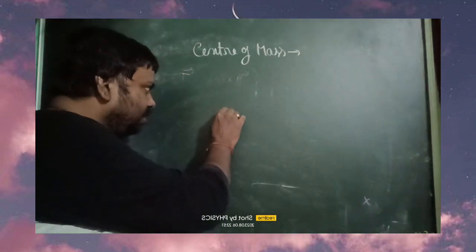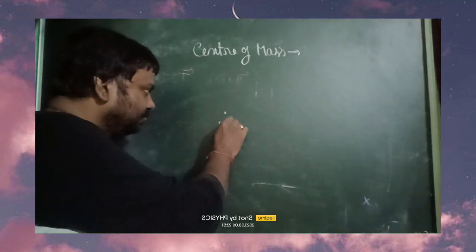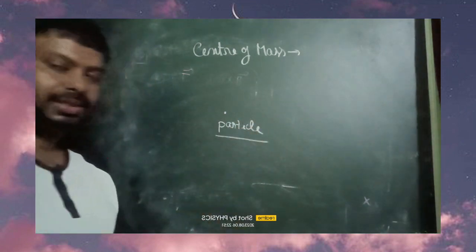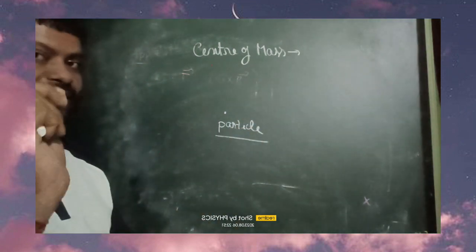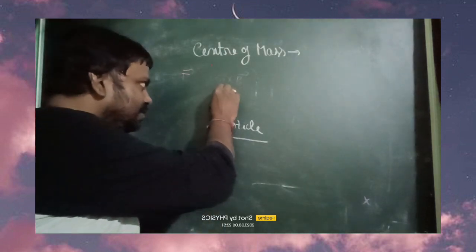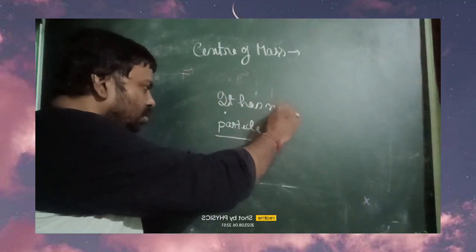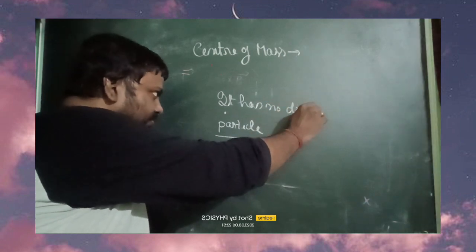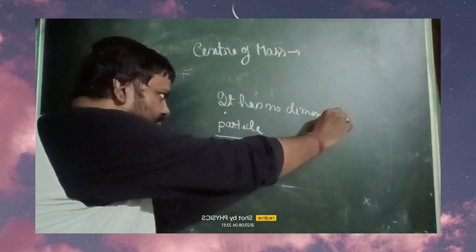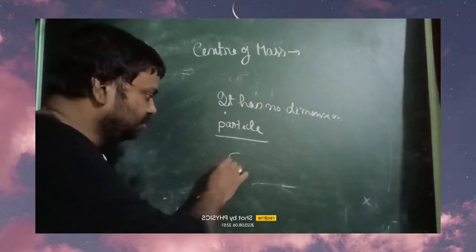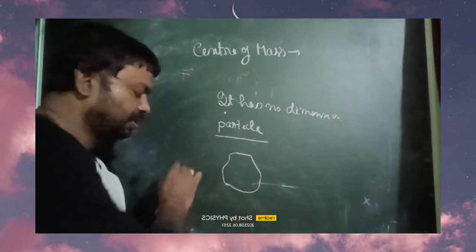Let us consider a particle. Why a particle? The particle is a point object. It has no dimension. Now let us consider an object.